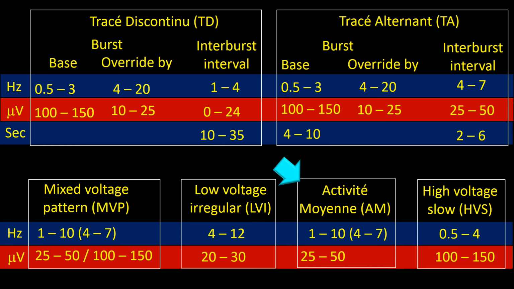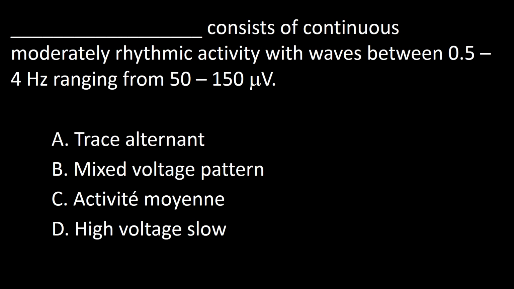The voltage of this activity, that is of the activité moyenne, is in the medium range. High voltage slow pattern has a narrow repertoire of frequencies in the delta range, and most of the activity is in the 100 to 150 microvolts range. So the answer to this question is D.